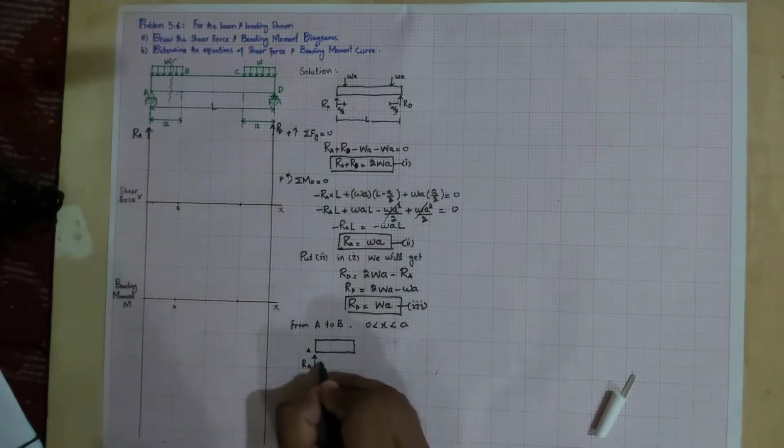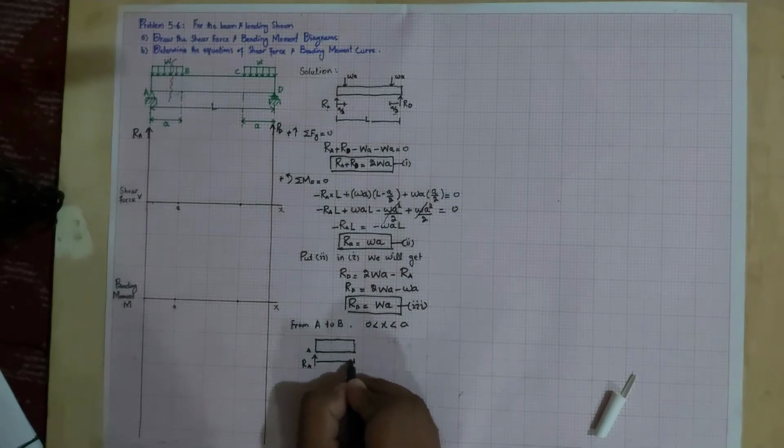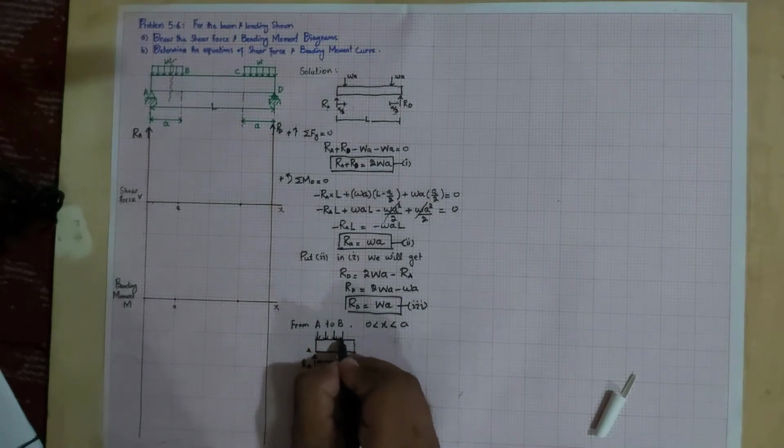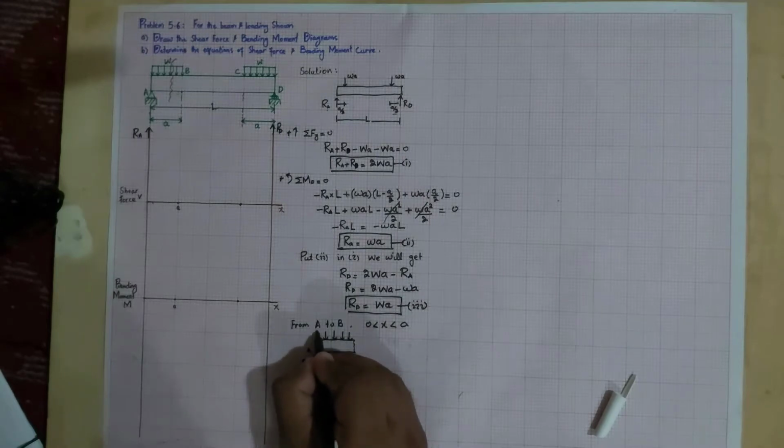This section is taken at a distance of x, and the distributed force is shown as W.